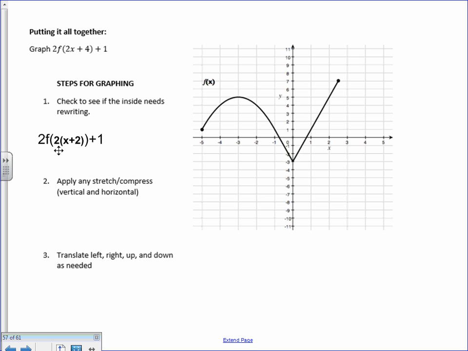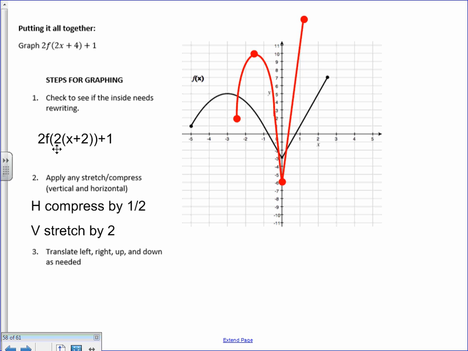The horizontal stuff is backwards: multiplying by 2 means compress by 1/2. I apply those to my function by taking some key points and applying both the compression and the stretch. It doesn't matter what order you go in. Either way, if you pick your key points and apply the horizontal compression by 1/2 and the vertical stretch by 2, you'll get to this function right here in red.